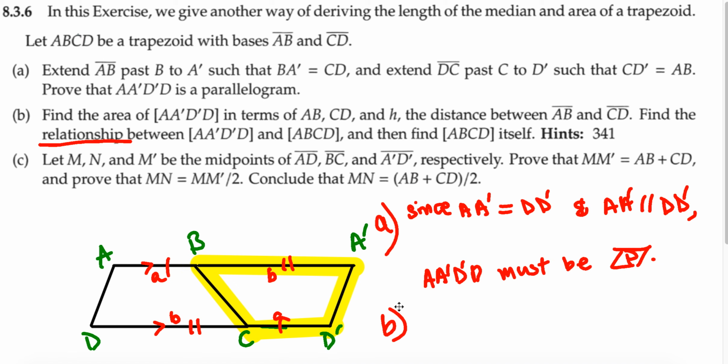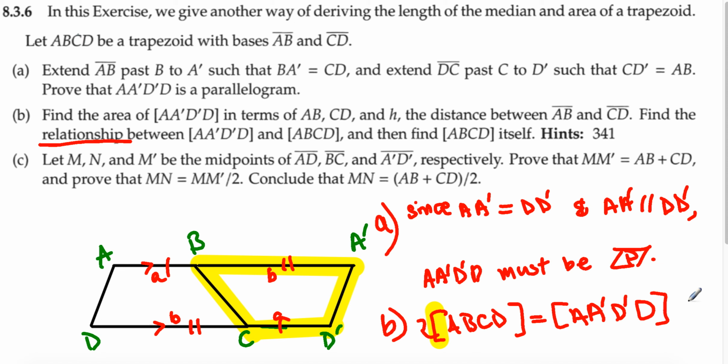So we realize that the area of the trapezoid is half of the area of the parallelogram in this case. Now, then we get to see that two of ABCD must be equal to A prime, D prime, D. That becomes our relationship.